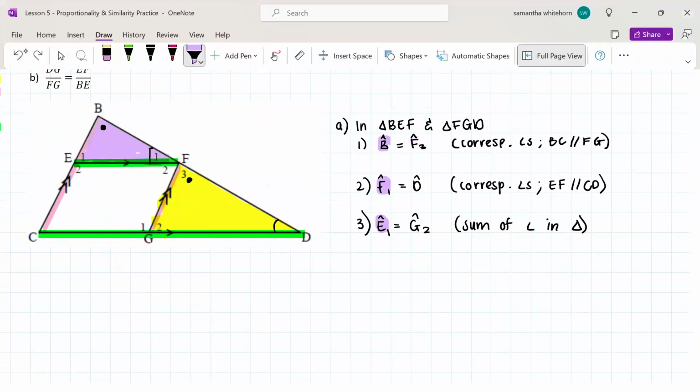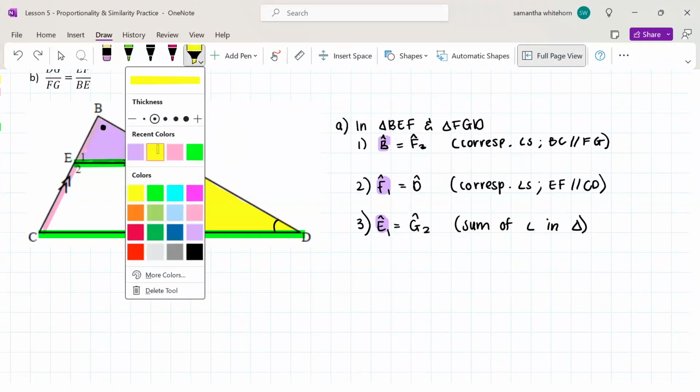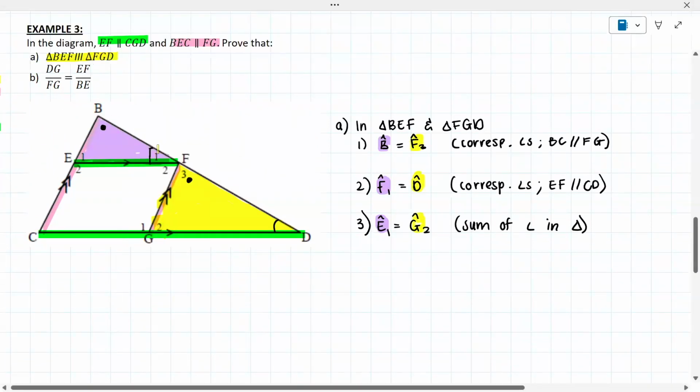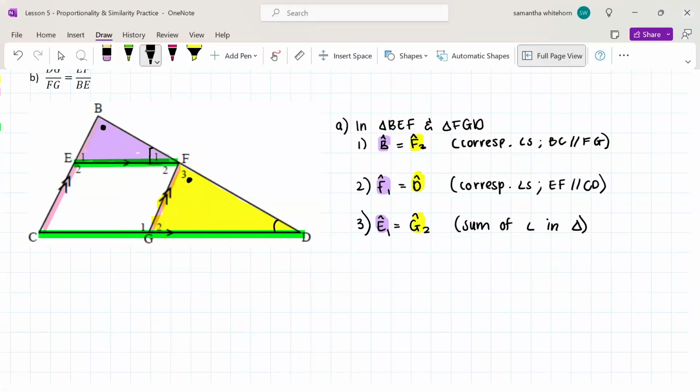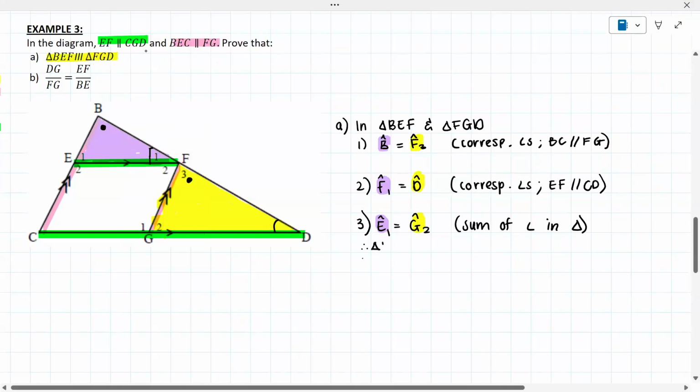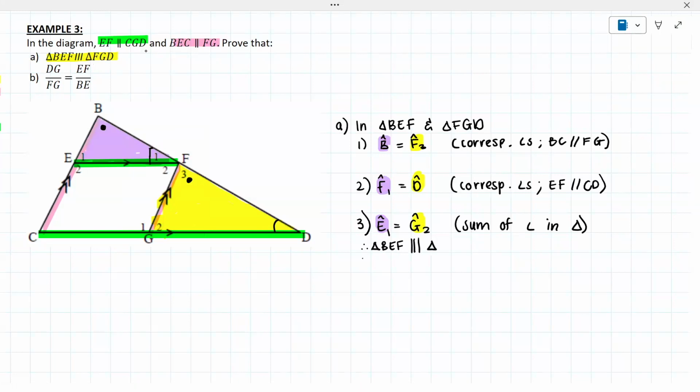So what we can now do is, when we set up our order, we can see that we've got our angles all lined up from each triangle. So now when I want to say, therefore, triangle BEF is similar to triangle, and double check the order, I've already done that.